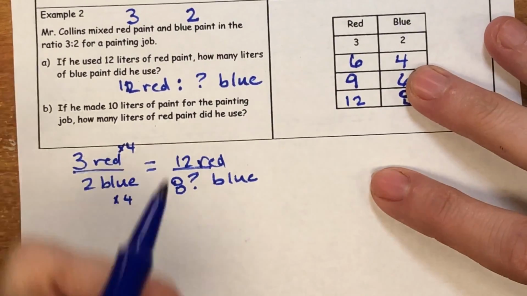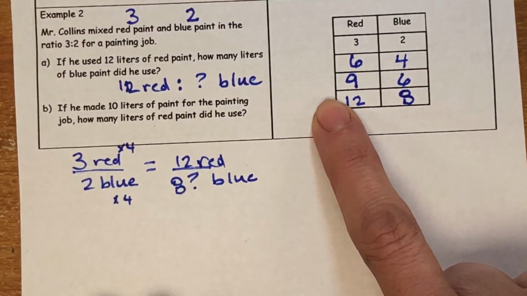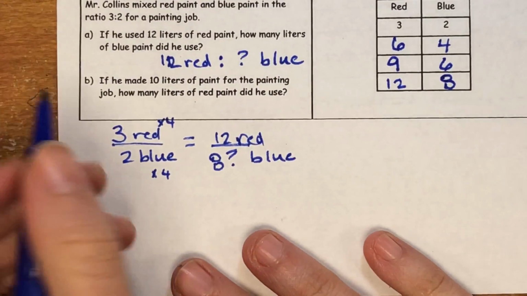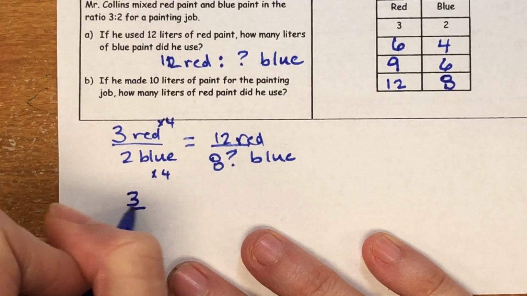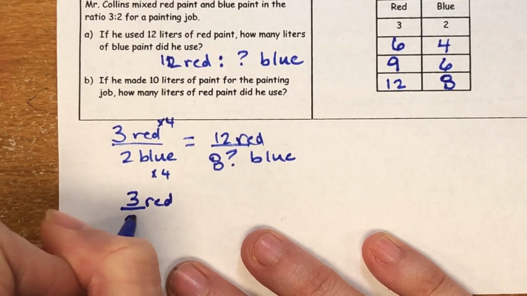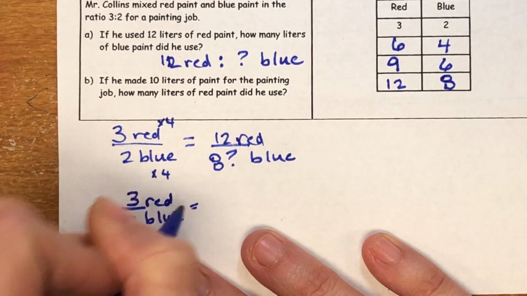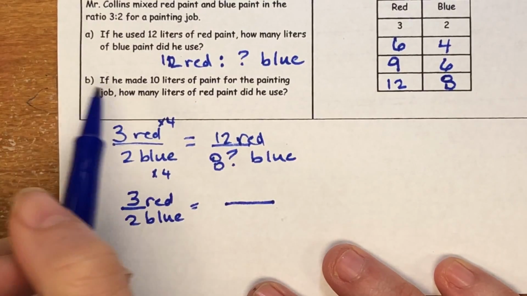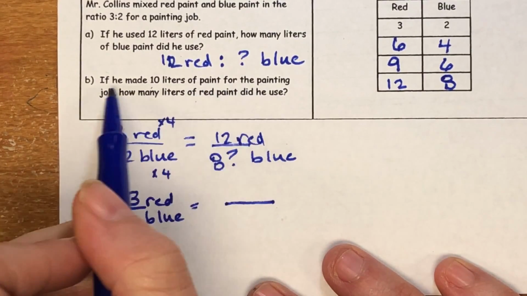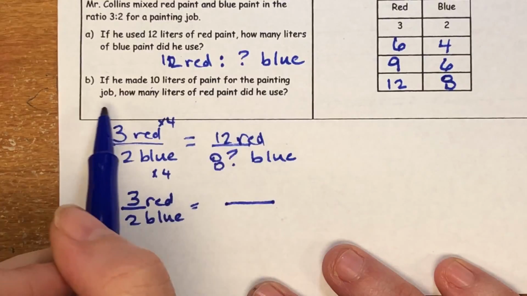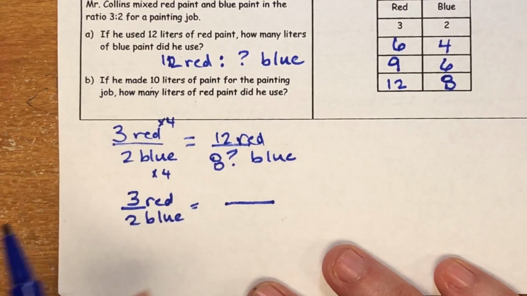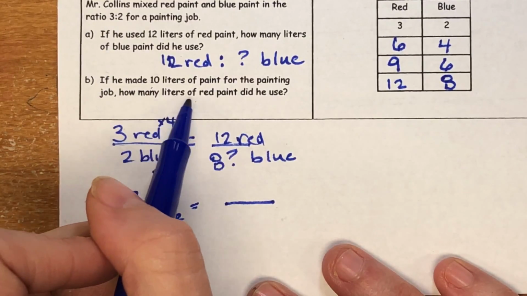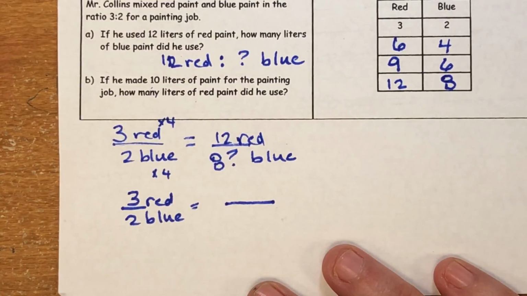It then asks: if he made 10 liters of paint for the painting job, how many liters of red paint did he use? If I know that I have 3 red and 2 blue, and there are 10 liters total, how many liters of red did he use?